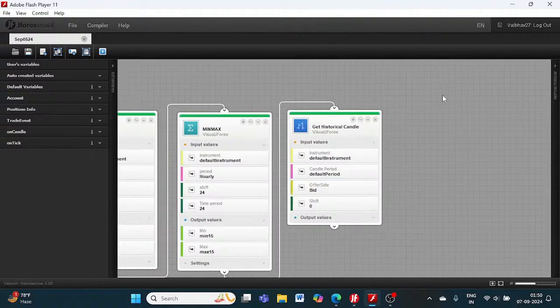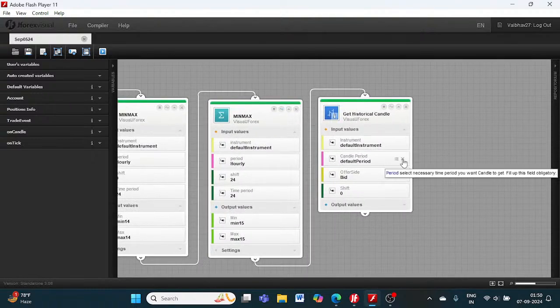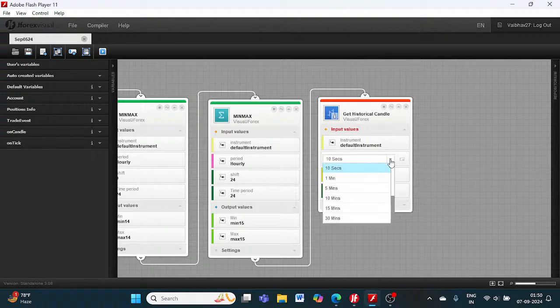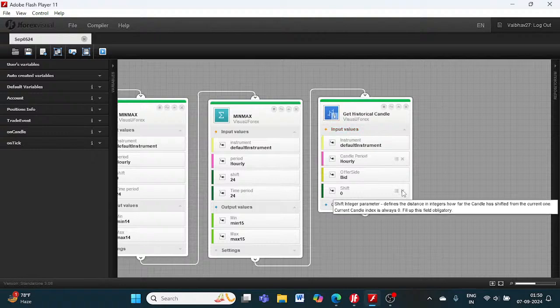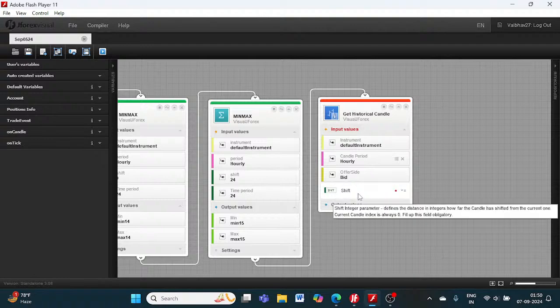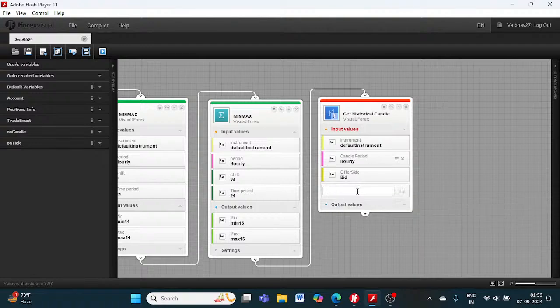Now let me define it. The candle period needs to be changed to hourly, and the look back period will be 3. Okay.